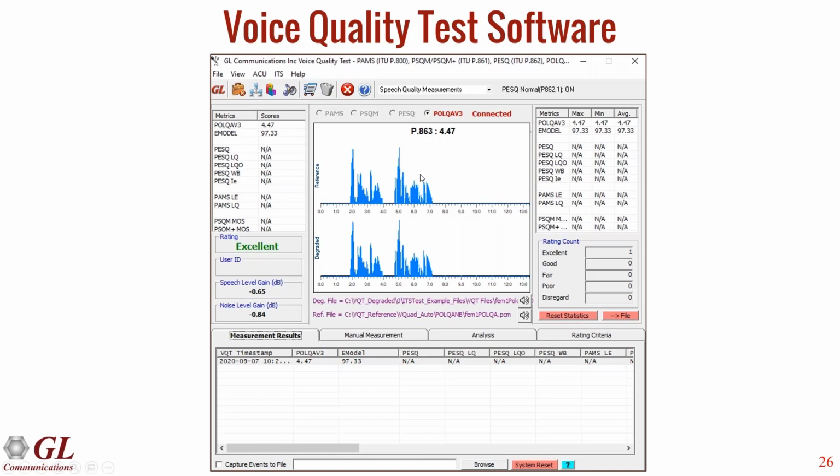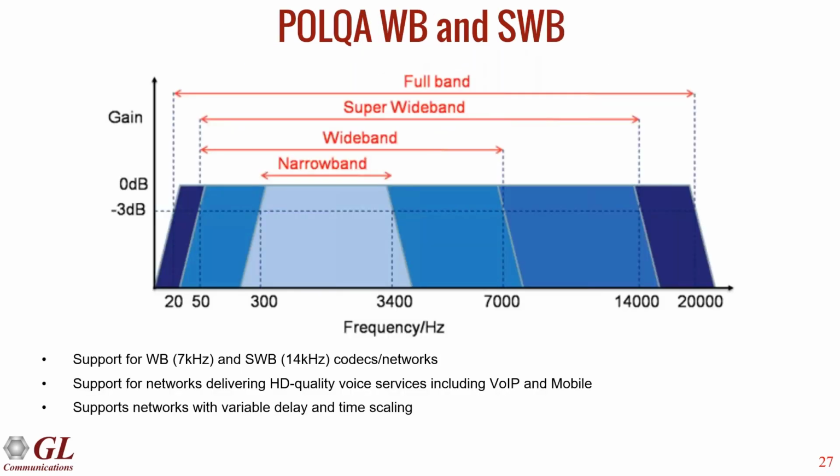This is the actual software that runs. It runs fully automated. You can run it manually or automated. You can also connect to it through the CLI or API for remote testing, and generate the scores in that way.